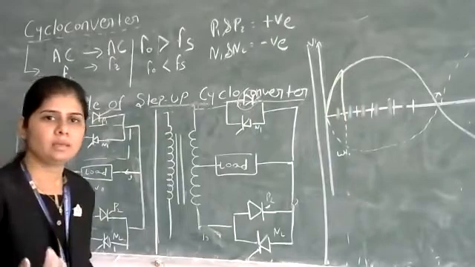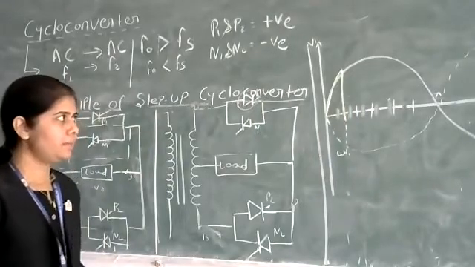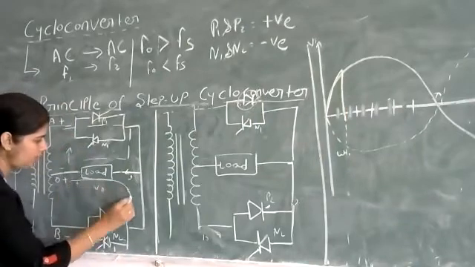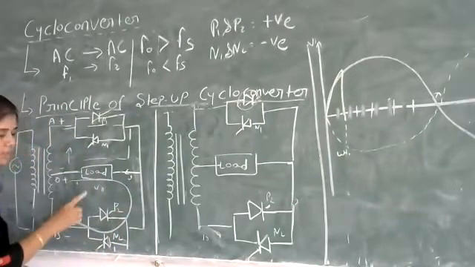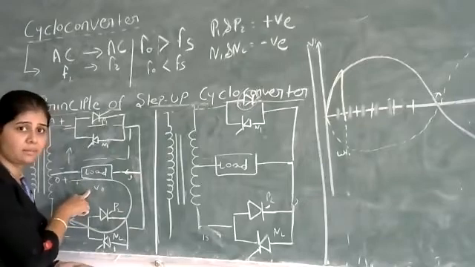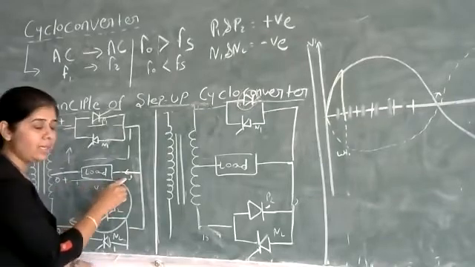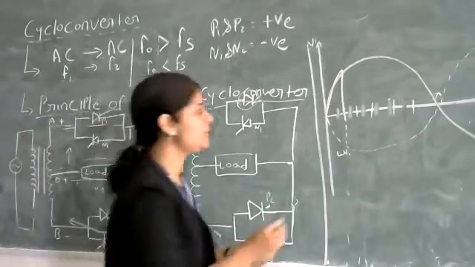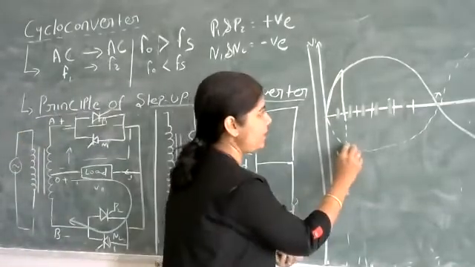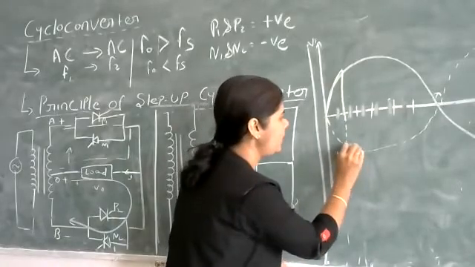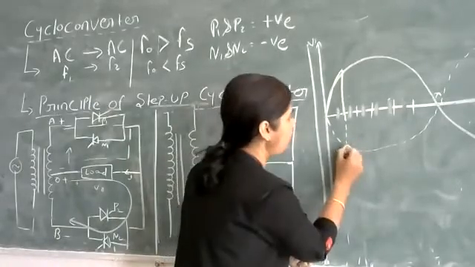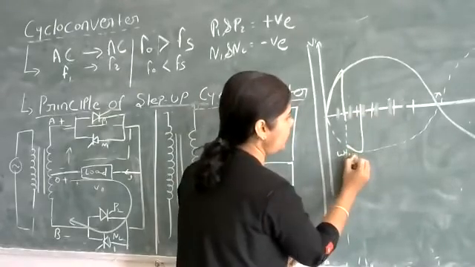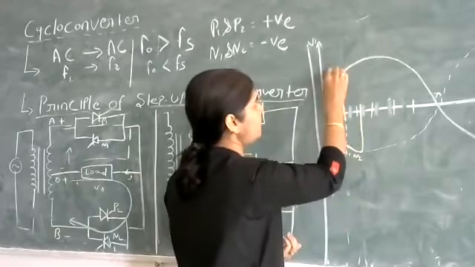Now the current flows from the load to the supply, so the current is opposite to its reference direction. That's why we get the output on the negative side. At that time we trigger thyristor N2 and get the output voltage. Here N2 is triggered, and here P1 is working.